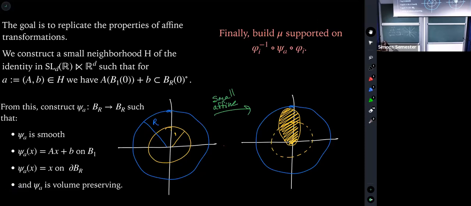And then we build our measure mu to be supported on all possible charts. So let me actually break down what the measure is.